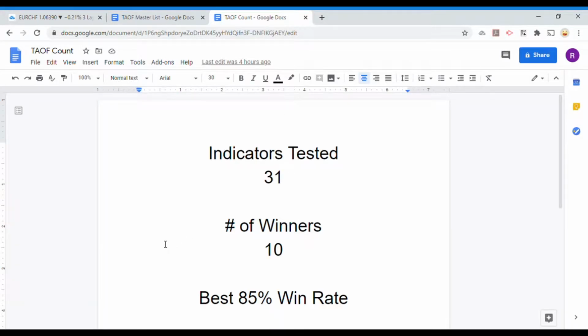But before we get into testing today's indicator, I wanted to put the indicator scoreboard up for everybody to see. So to date, we have tested 31 indicators. And out of those 31 indicators, 10 of them have met or exceeded the 60% win rate threshold that we have set. The best one so far has had an 85% win rate, which is a very respectable win rate for a single indicator to achieve.